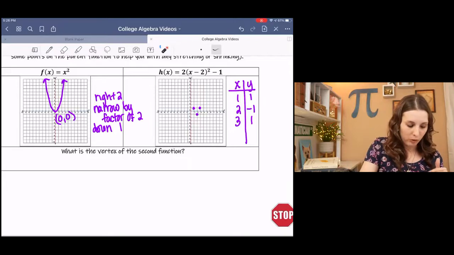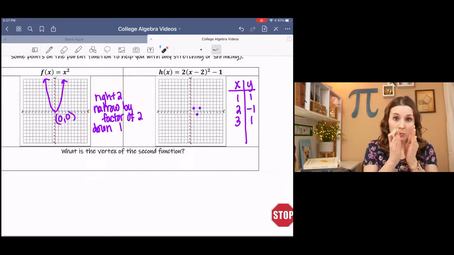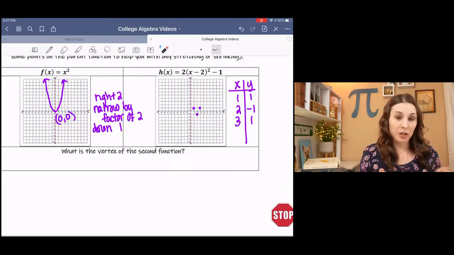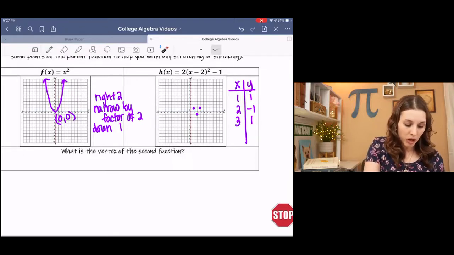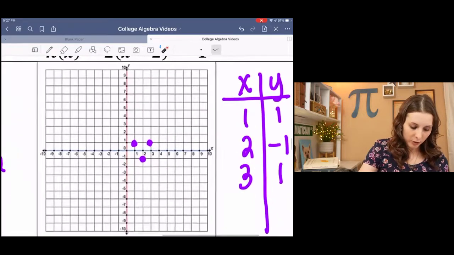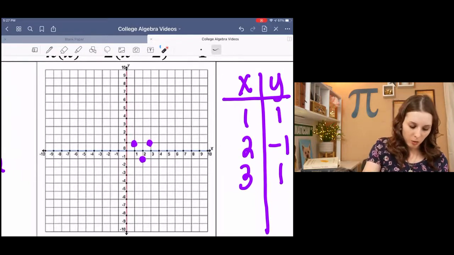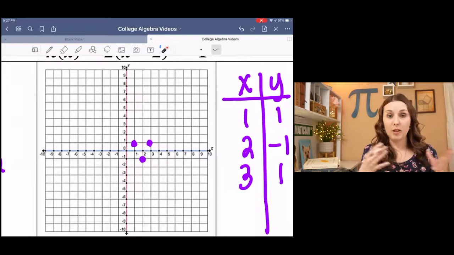Another way is I wrote over here, I have to go right 2, I know it's going to narrow by a factor of 2, and I also know it's going to go down 1. So even still, I'm using the vertex as my point of reference when doing it with this method. So from 0, 0, I went right 2, down 1. That's my new vertex. And then from my new vertex, I need to count out my factor of 2. If you'll notice, if we use the slope concept, we're going up 2 over 1 for that factor of 2.